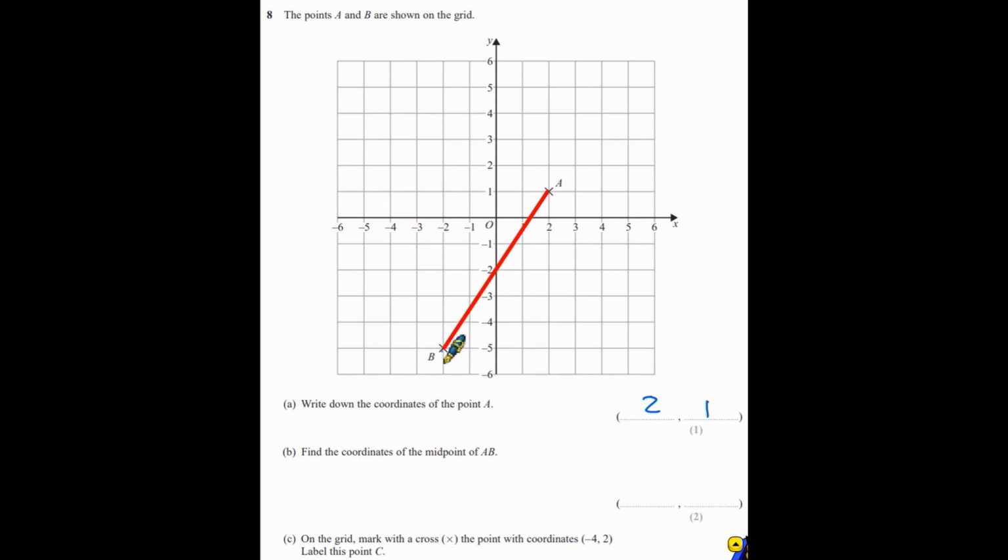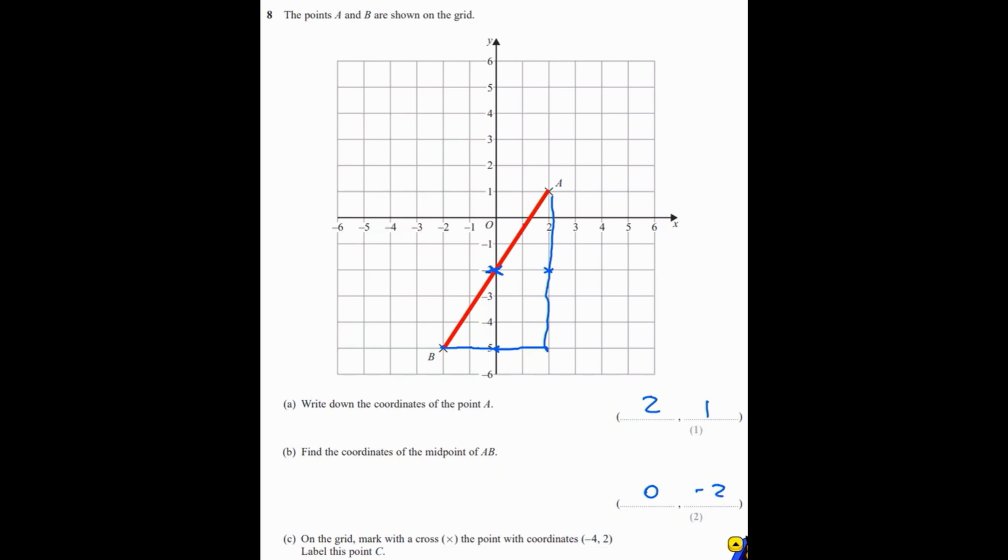You could also look at the actual movement of the line from A to B. So A has gone down 1, 2, 3, 4, 5, 6, and it's gone back 1, 2, 3, 4. So if that is 6, halfway down would be 3, and halfway back would be 2, and that would take you to a point right in the middle of the line there. And the coordinates of that point, well, x first, x is actually on the 0 line, then the y, that is on -2, so it's 0, -2.